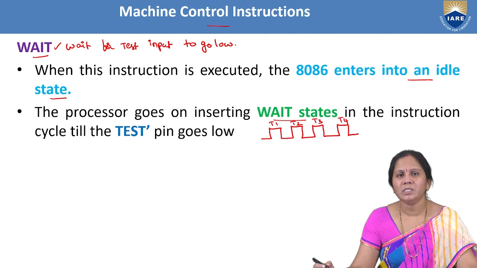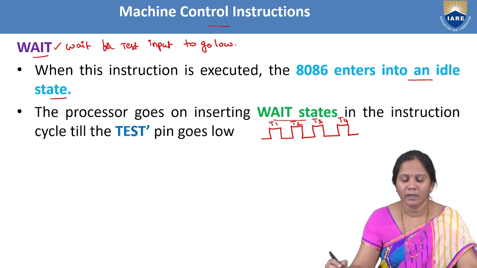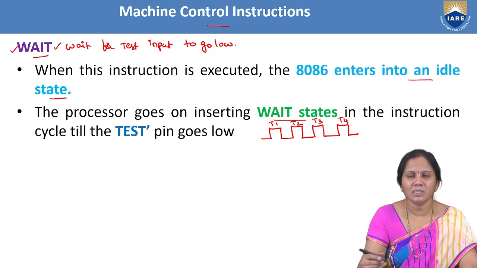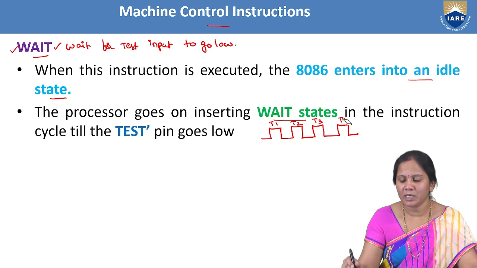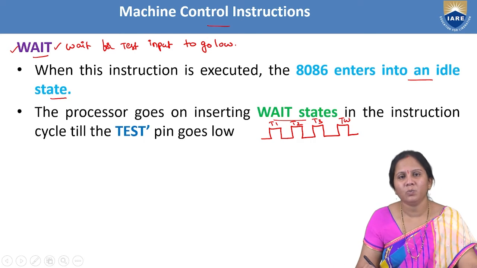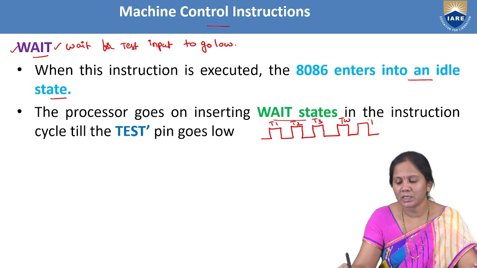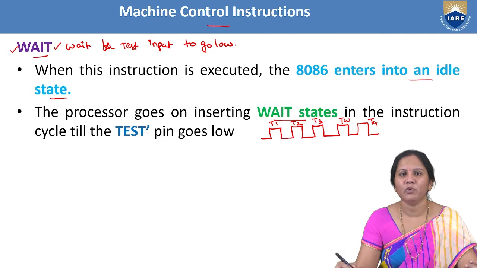If the instruction is complicated, we have to use this WAIT instruction. When this WAIT instruction is executed, it is going to insert wait states, which will be indicated as TW. These wait states will be included before T4. Before the T4 cycle, TW wait states will be inserted.